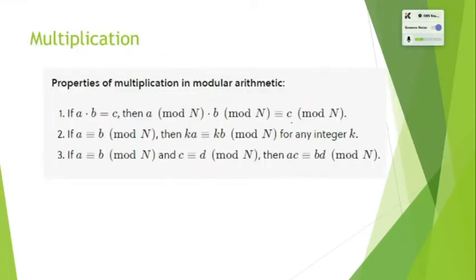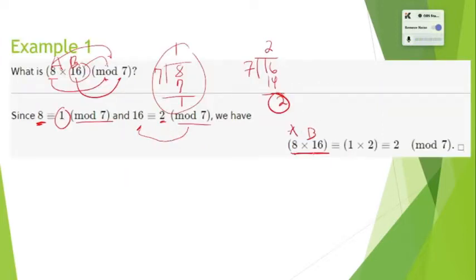So, we have followed the property of modular arithmetic. Minultiply lang yan. So, 8 times 16 is identical to itong mga numbers na identical sa kanila. So, that's 1 times 2, which is also identical with 2 mod 7. Okay?